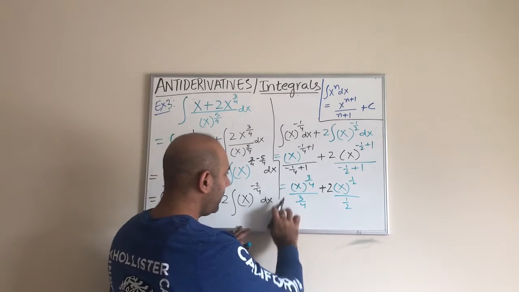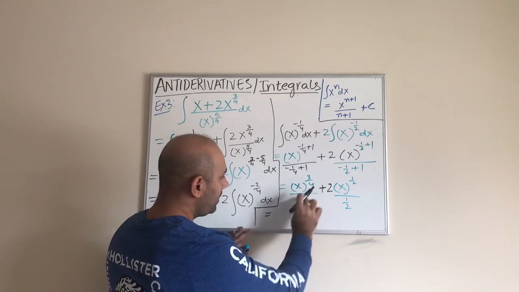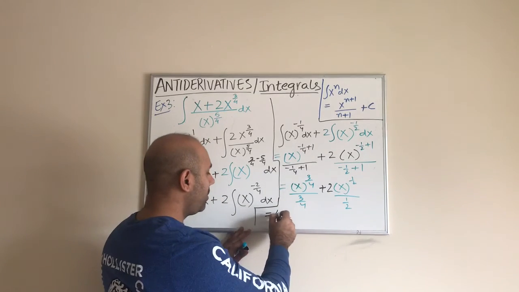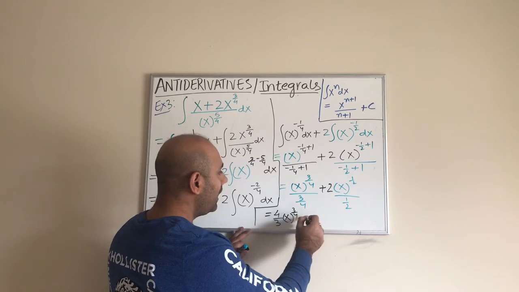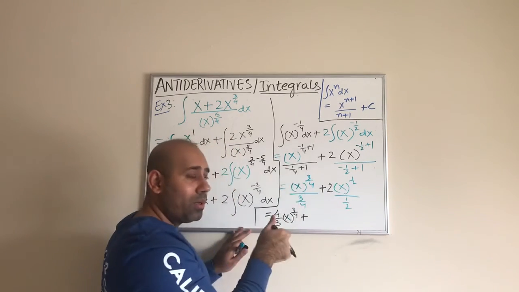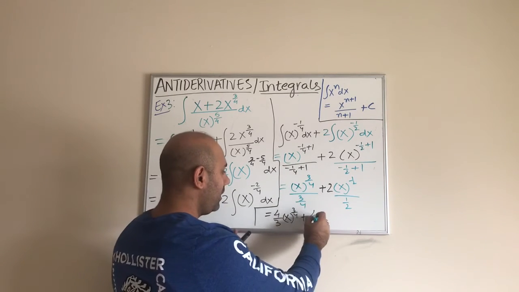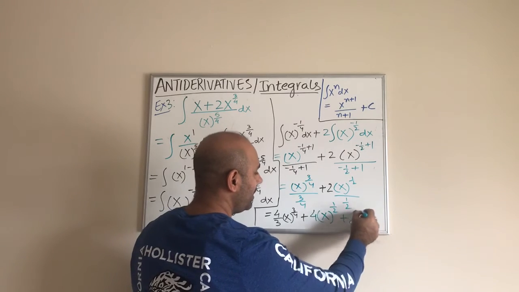Simplifying further, one last step. This 3/4, when we get rid of this division, it's going to reciprocate, so it's going to be 4/3 times x to the power 3/4, and then plus this 1/2 will reciprocate, it will become 2/1, but 2 times 2 will become 4, so it is plus 4 x to the power 1/2, and please don't forget the constant of integration c.